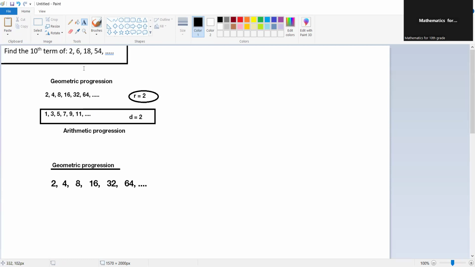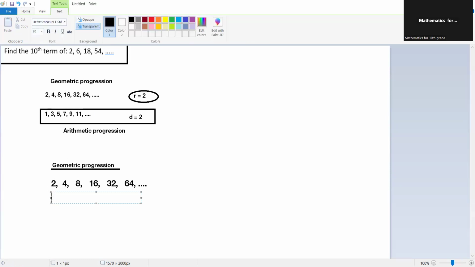So let's write the term numbers. This is the first term. I'll reduce the font size just for convenience. This is the first one. This is the second one. This is the third term. This is the fourth term.